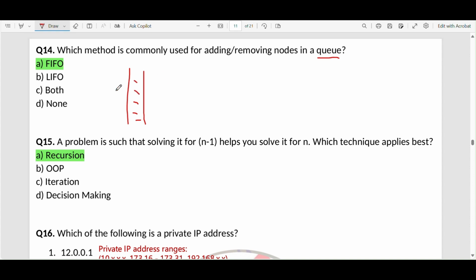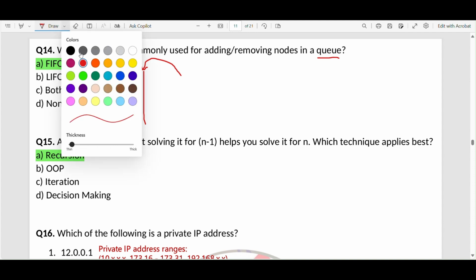Consider these are the items inside the queue, and which method is commonly used for adding and removing nodes. See, when these are added inside a queue, the first one which enters into the queue is this one. Let me change the ink color.